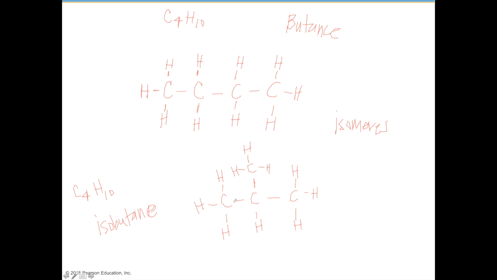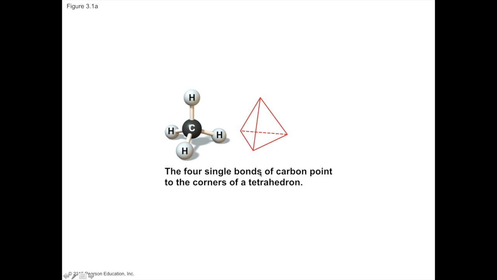But to get an idea, this is things that carbon can do. So there's some more examples, and I'll show more throughout this presentation. This is methane again. If I were to have a stick model to build methane, this is methane, CH4. So it's the same thing that we were looking at here.